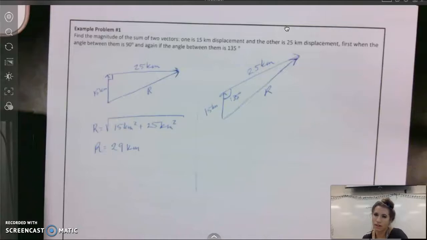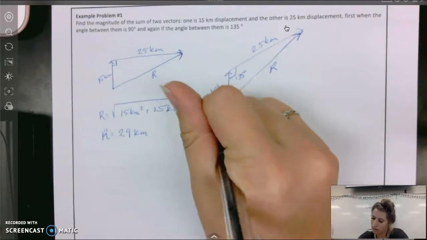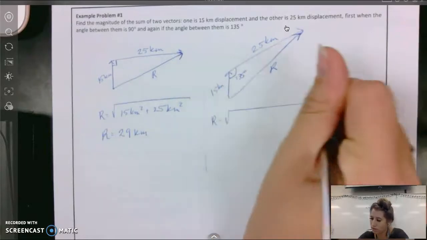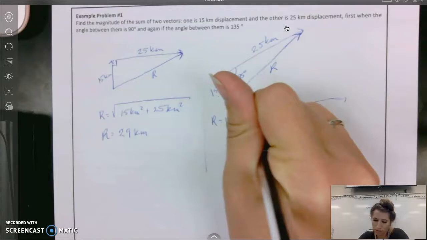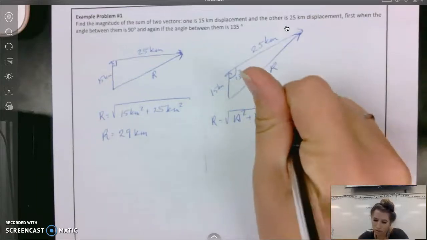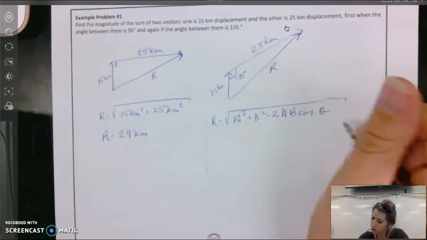Okay, now it's not a right angle this time, so we need to use the law of cosines. R is equal to the square root of a squared plus b squared minus 2ab cosine theta.